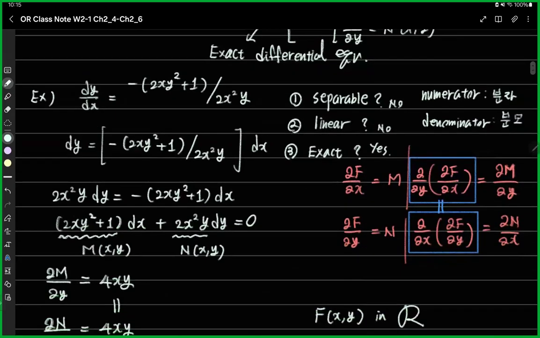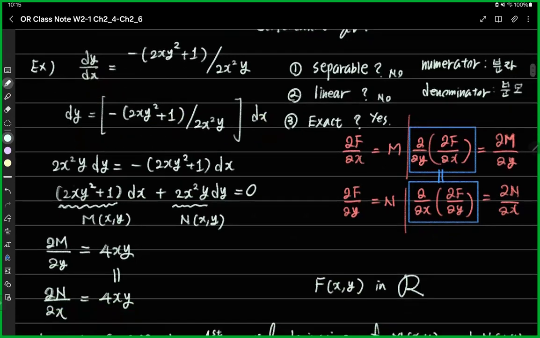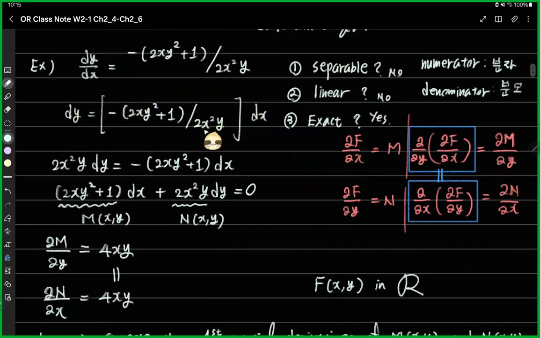What are you going to do? Yeah, first one, dy/dx. I need to move dx to the right-hand side. And then I need to move the denominator to the left-hand side. So 2x squared y dy equals minus this. And then move this to the left-hand side to get 0 on the right-hand side.